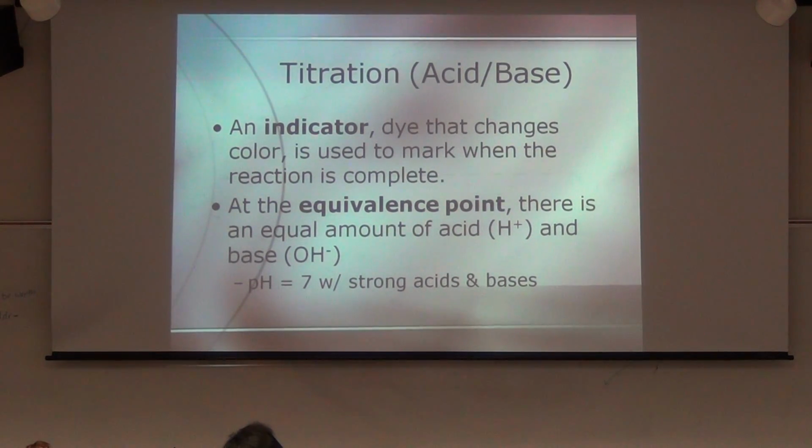Indicators and equivalence point. The indicator that we used in our lab, anybody remember what the name of that indicator was? Phenolphthalein. That's the one that turned pink. When? Well, it turns pink when you reach the equivalence point, or when the concentration of the hydrogen and the hydroxide ions are equal.